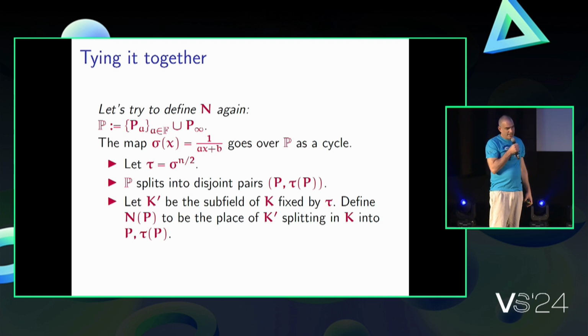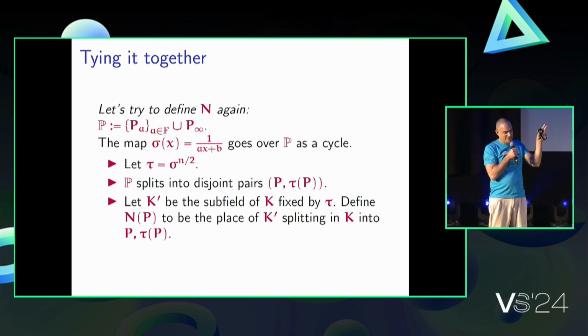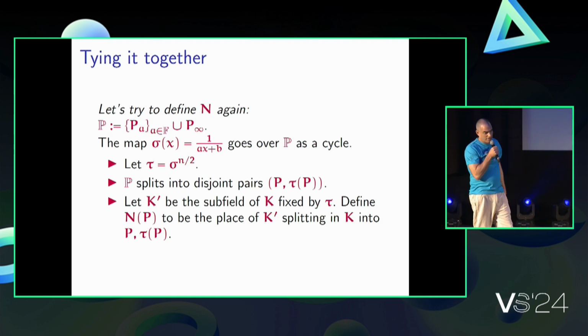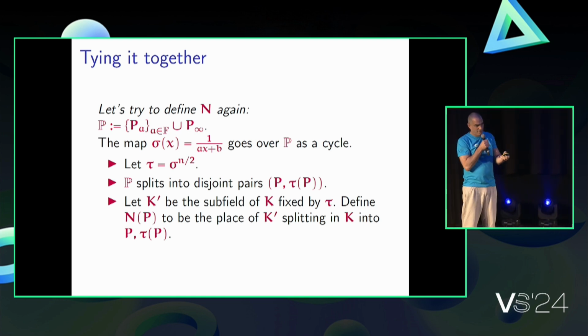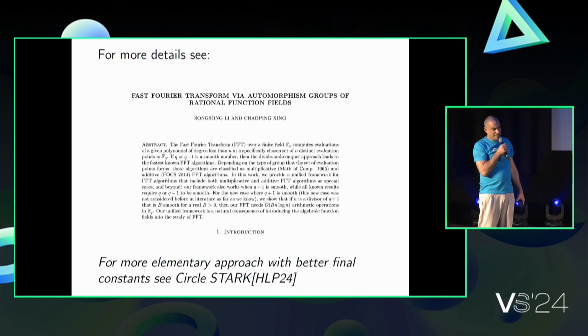And now define N of P. I haven't gotten into this, but every place of K prime is going to split into exactly 2 places of K. So we're just going to define N of P to be the place of K prime that splits into P and tau of P in K. And okay, so that's a basic idea.